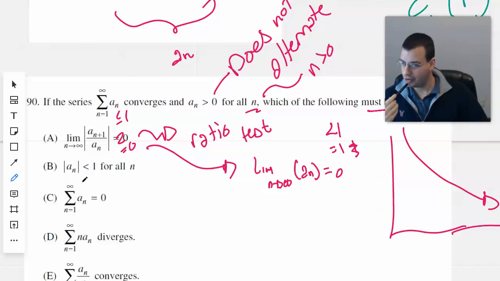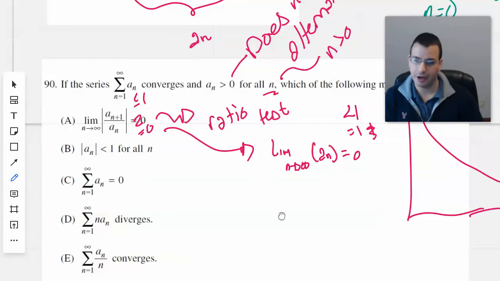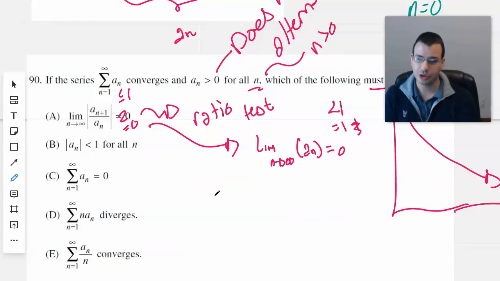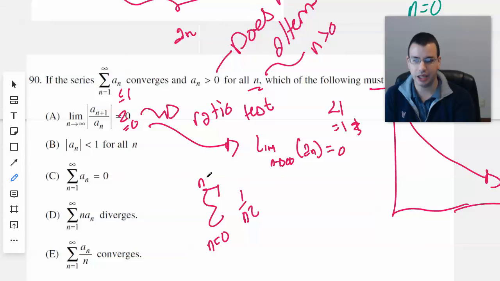The absolute value of a n is less than 1 for all n. No, not necessarily true. So let's say, just as a counterexample, 1 over n squared for n equals 1 to infinity. N equals 1 because you can't divide by 0.